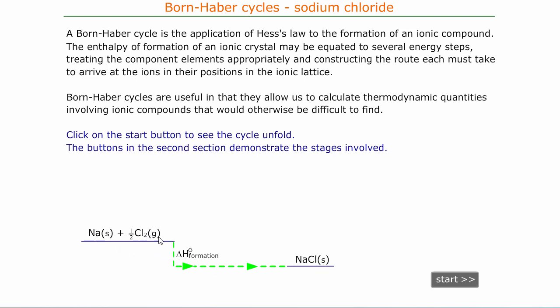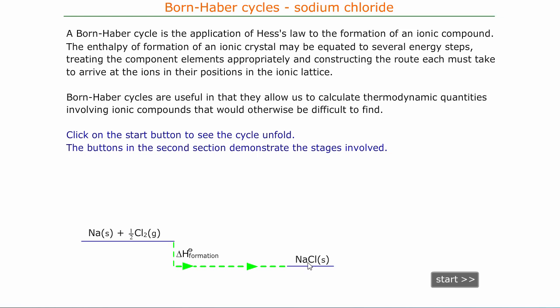Now this process, we call it the enthalpy of formation, and according to the law of conservation of energy, if we make sodium chloride solid by any other route, then the energy change will be equal to the enthalpy of formation. And that's precisely what Born and Haber worked on. They said, okay, well, what we need is sodium ions and chloride ions in their locations in a crystalline lattice.